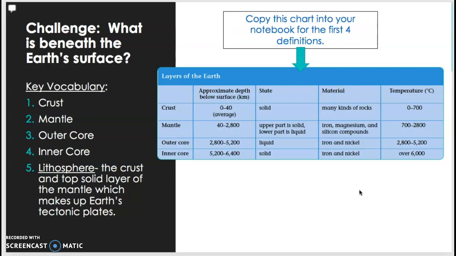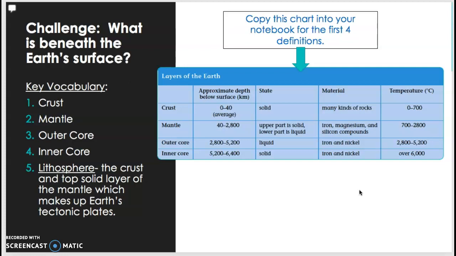It is a solid core and it is metal. It is that iron and nickel. And the temperature in the core is over 6,000 degrees Celsius. That is hotter than the surface of the sun. So our inner core is very, very warm. And it is what makes our planet hospitable to life and why we are able to live on our planet.